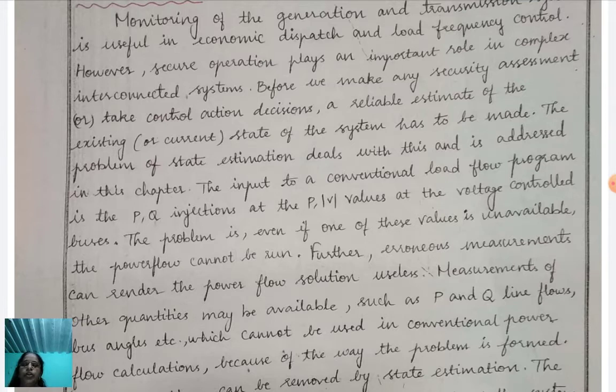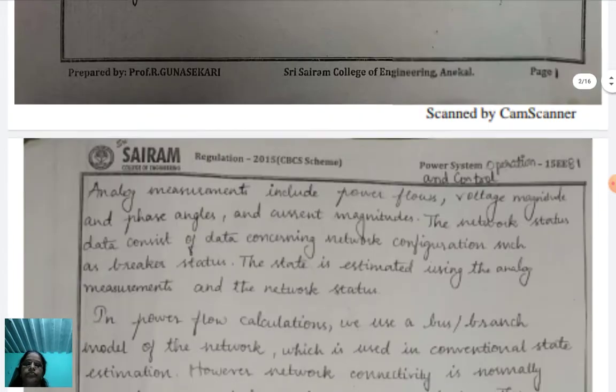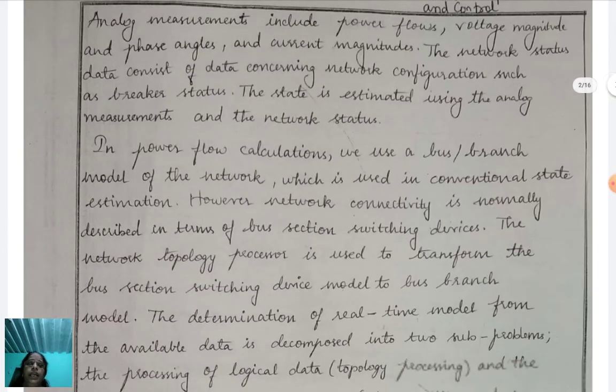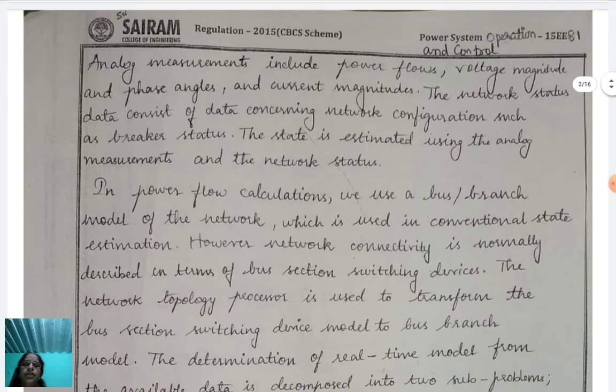Measurements of other quantities may be available, such as real power P and reactive power Q, line flows, bus angles, etc., which cannot be used in conventional power flow calculations. In power flow calculations, we use a bus model or branch model of the network, which is used in conventional state estimation.